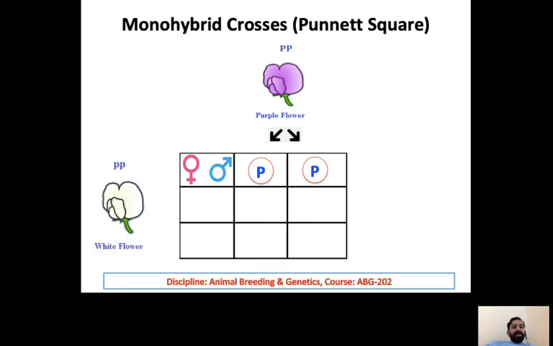Similarly, a completely recessive female having both small p's and a white flower, and it will produce small p as allele. So here when capital P and small p combine, it would be heterozygous, and it will be true for all of the offspring. So they are all of them purple in color and heterozygous in terms of genotype.